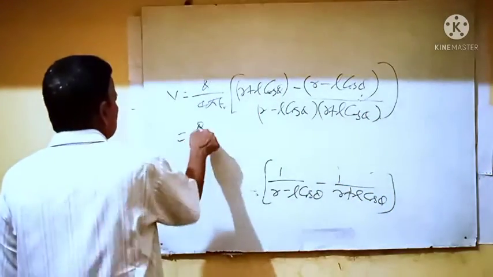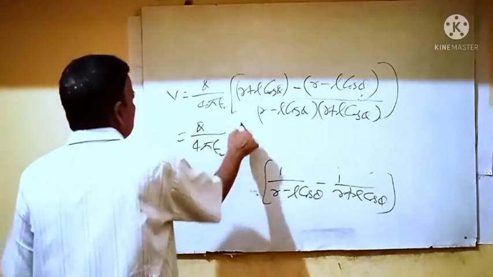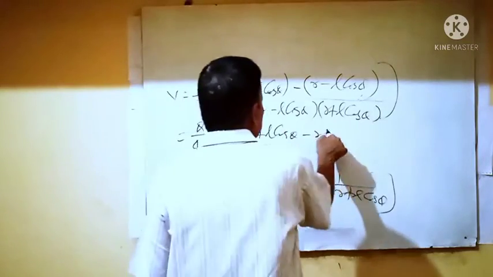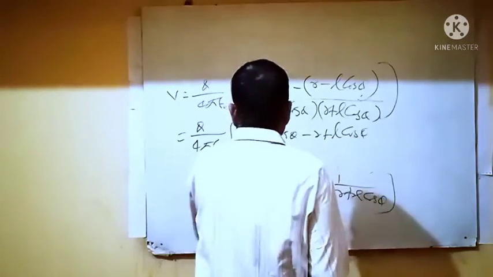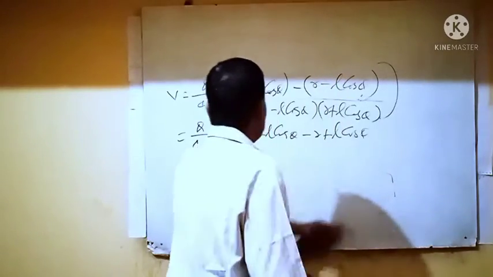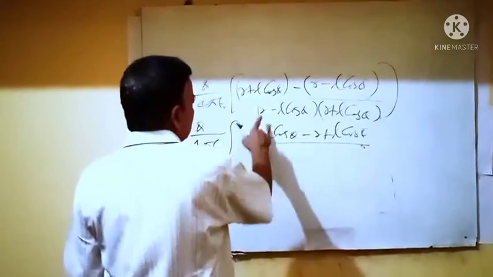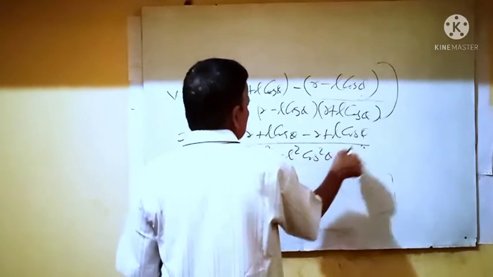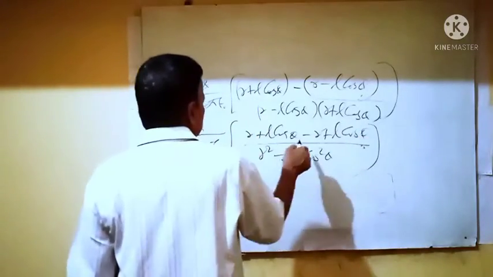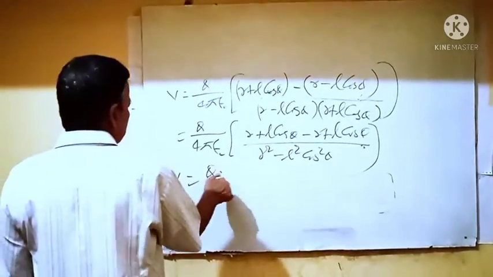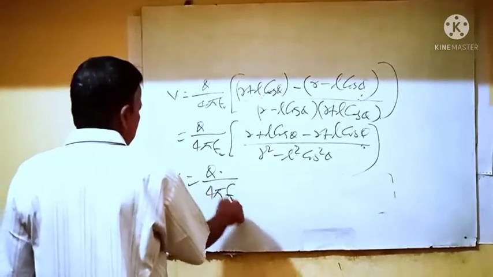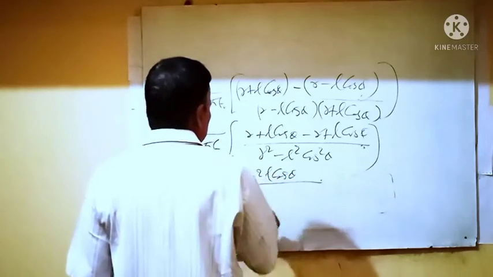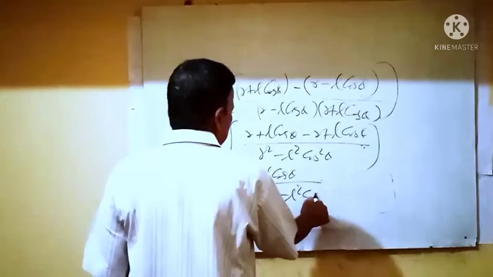Using a minus b, a plus b, that is r square minus L square cos square theta. V is equal to Q by 4 pi epsilon naught into 2L cos theta divided by r square minus L square cos square theta.